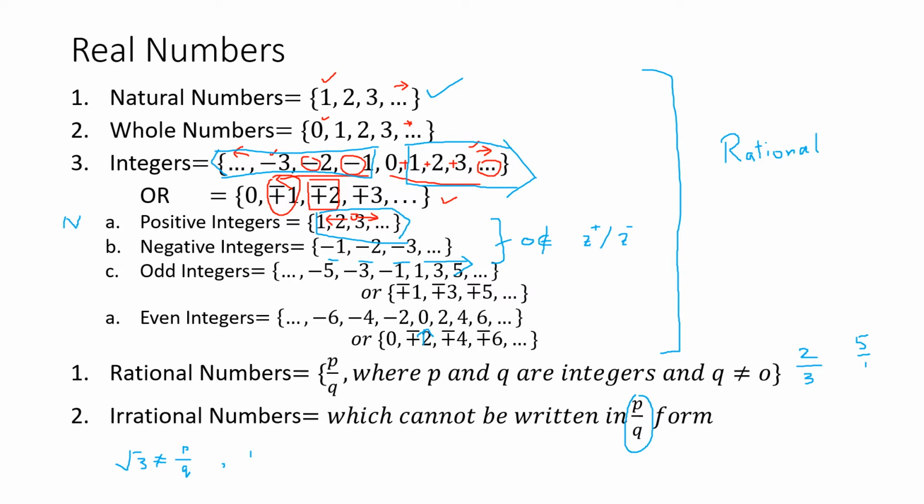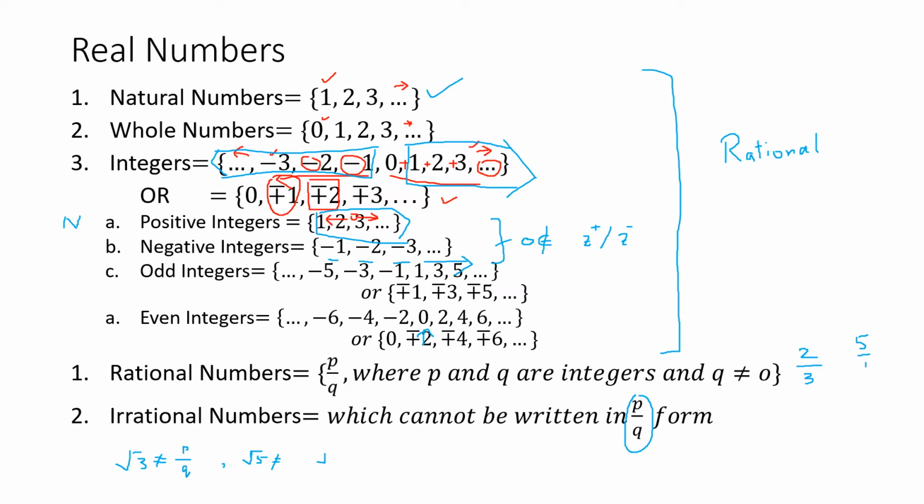I will give a hint here that square roots of odd numbers give us irrational numbers. This is for some example. For example, this time you take 5. Again, it cannot be written in p by q form.